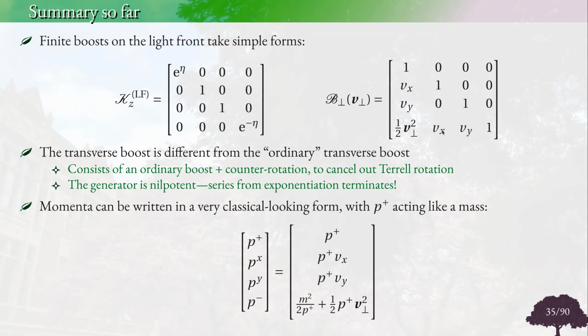So the perpendicular components end up being proportional to velocity, which is exactly why you get these nice formulas that the transverse momentum is proportional to the transverse velocity in the light front. And you get a quadratic velocity term in the energy.